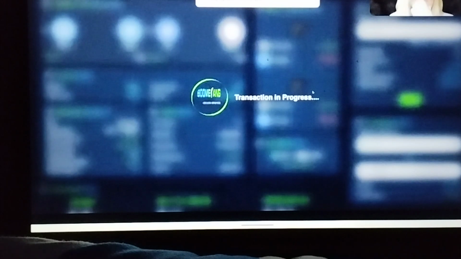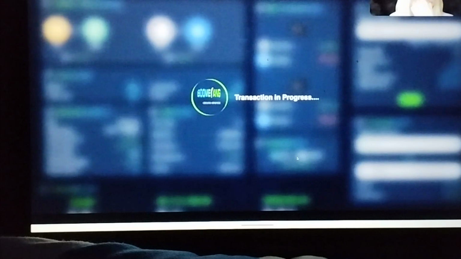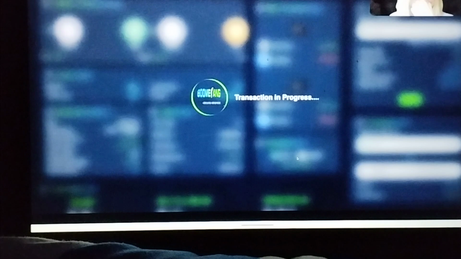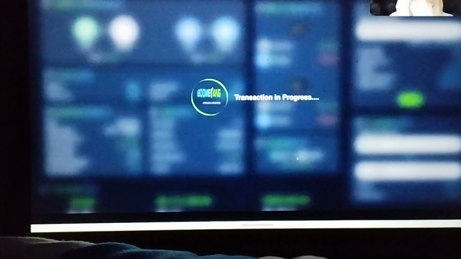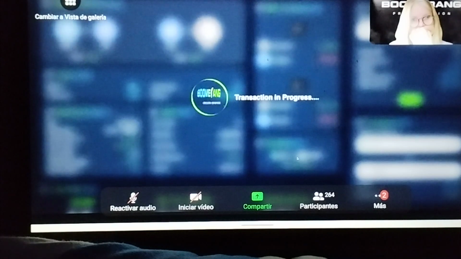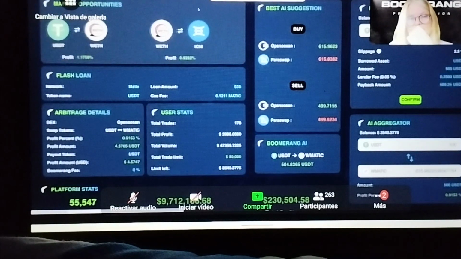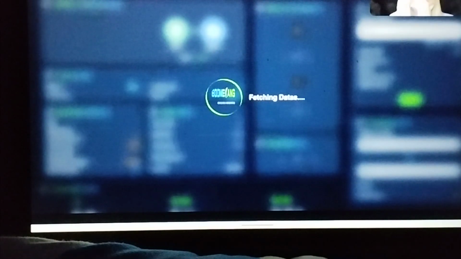Confirm. If you can push through. And then you can see that you just made like 0.9, 1%, 1.2%. And yes, the transaction completed. So sometimes there are even bigger trades to do.